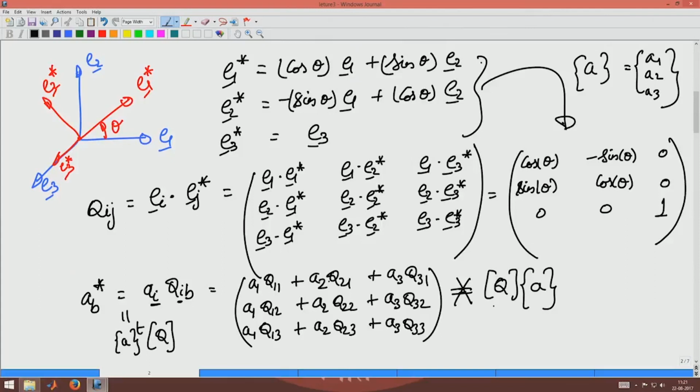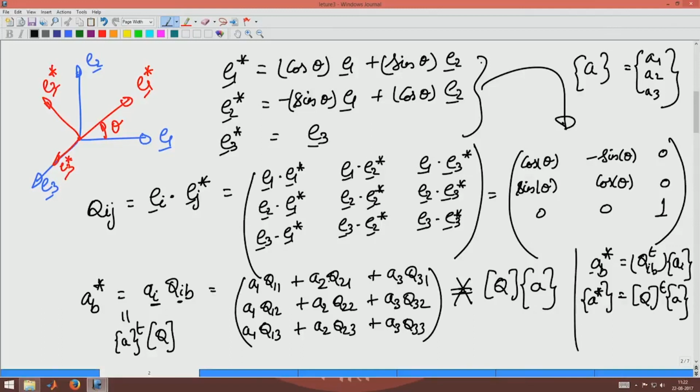So, I can write AB star as Q transpose IB into AI. Okay. So, in other words, A star is Q transpose A, where Q is this matrix. If I transpose this, I will get the right addition of the terms here. So, this is the final representation that we got for A star.